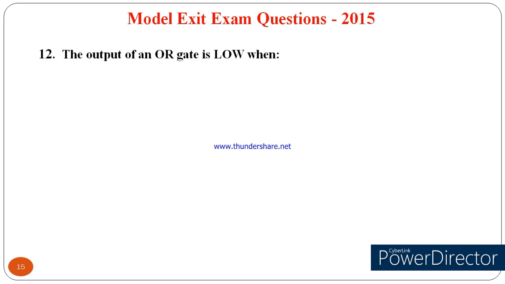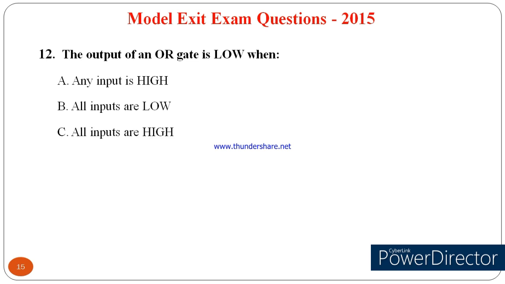The output of an OR gate is low when A, any input is high, B, all inputs are low, C, all inputs are high, D, one input is low. An OR gate is one basic logic gate in which the output is low when all inputs are low.